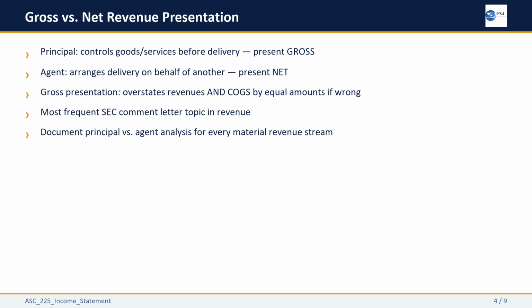An agent simply arranges the transaction on behalf of someone else and presents only the net commission or fee. The problem with getting this wrong is that it inflates both revenue and cost of goods sold by equal amounts, making the business look bigger than it is. This is the most common topic in SEC comment letters on revenue. Document your analysis every time.